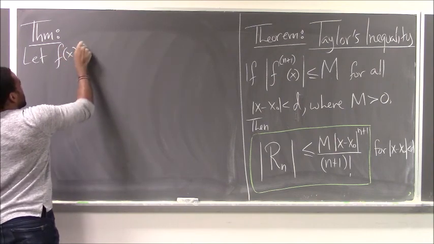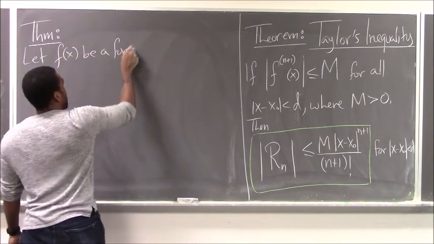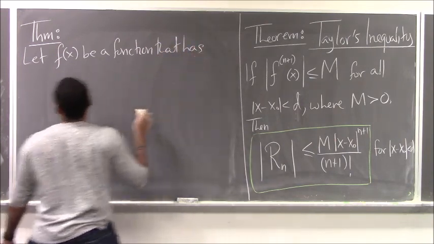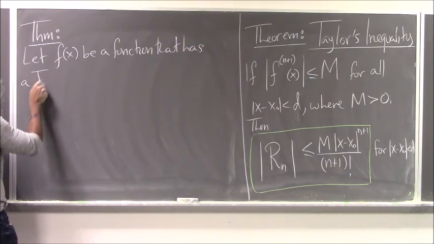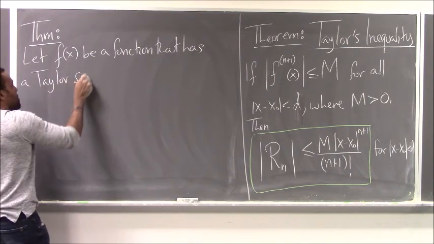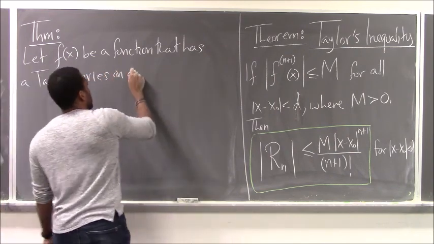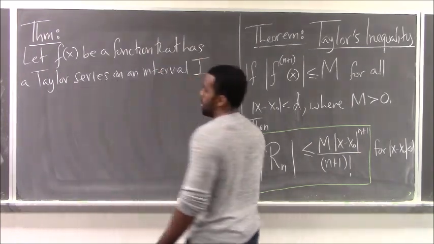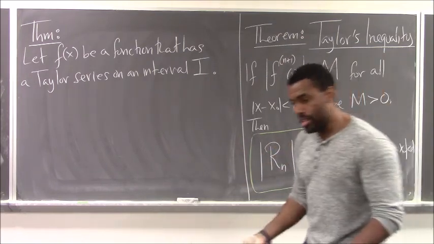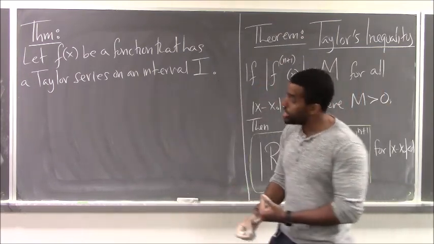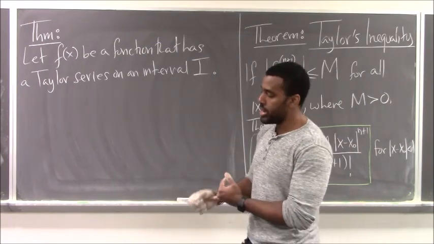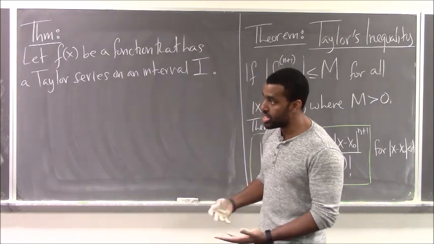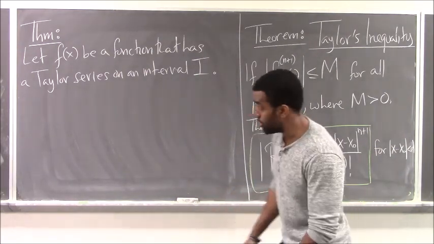Let f of x be a function that has a Taylor series on an interval I. That means it's infinitely differentiable on I, all your derivatives are continuous on I, and you can pick any point in I to be a center point, and your Taylor series will converge to something meaningful.